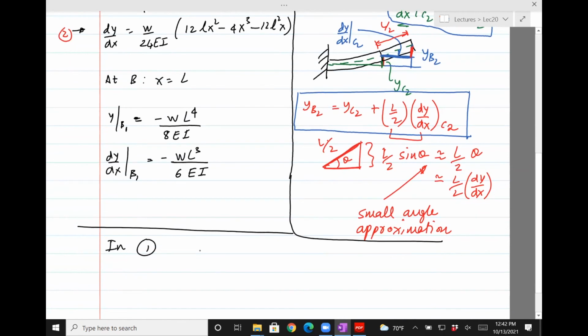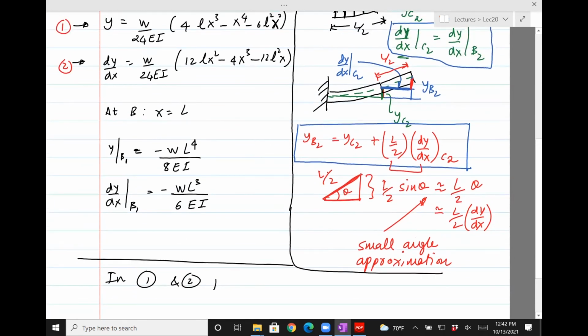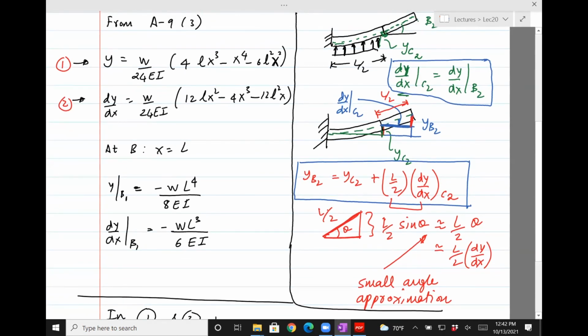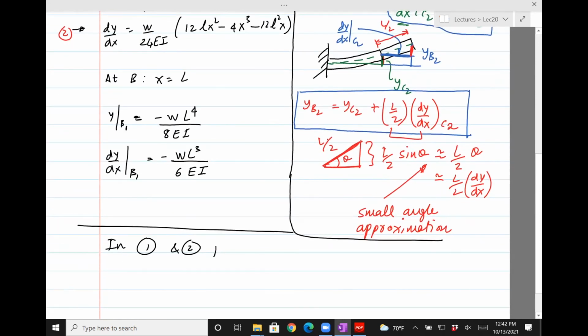We can do both 1 and 2. The length is now going to be the half length, because the loading is only for the first half from A. So L will be substituted as capital L divided by 2.